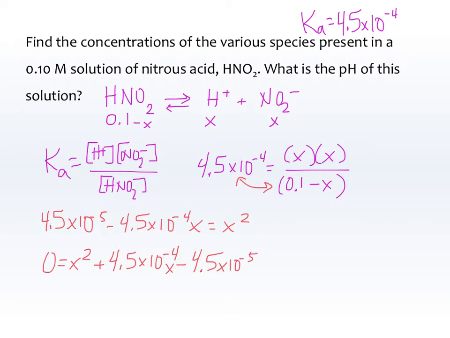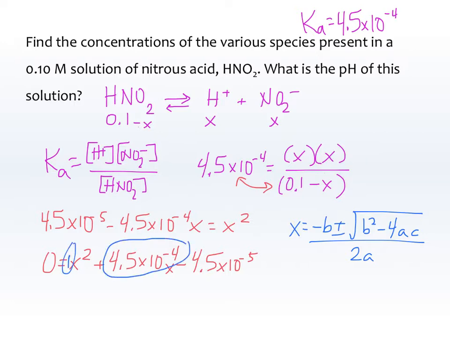Quadratic equation, here we come. X is equal to negative b plus or minus the square root of b squared minus 4ac, all over 2a. A is equal to 1, b is equal to 4.5 times 10 to the negative 4, and c is equal to negative 4.5 times 10 to the negative 5.